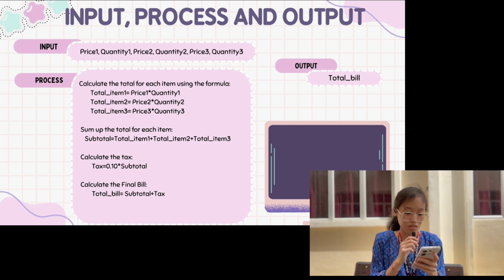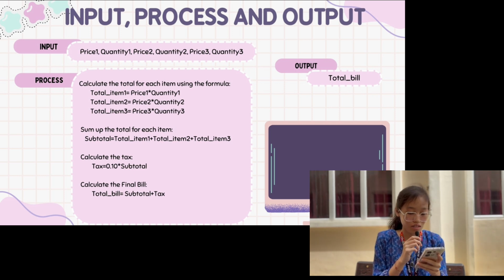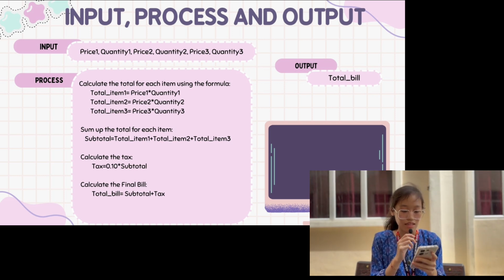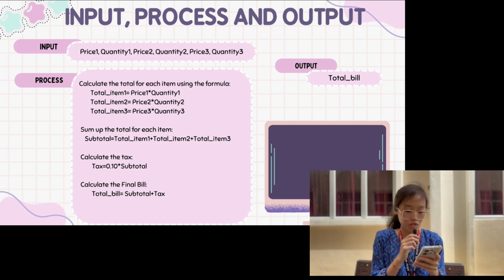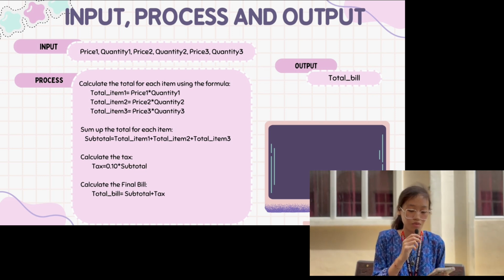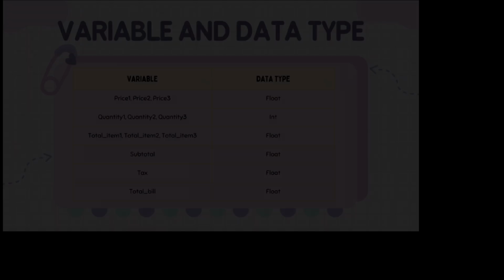Then sum up the totals: subtotal equals total item 1 plus total item 2 plus total item 3. Calculate the tax: tax equals 0.1 times subtotal. Last, calculate the final bill: total bill equals subtotal plus tax. For output, we will display the total bill.